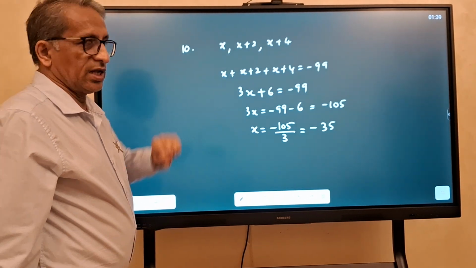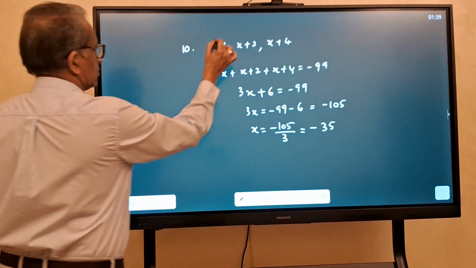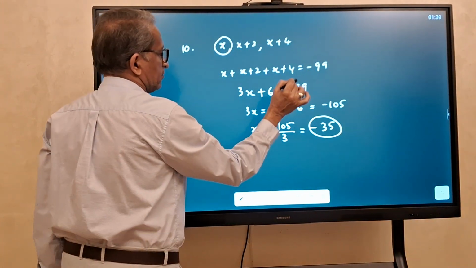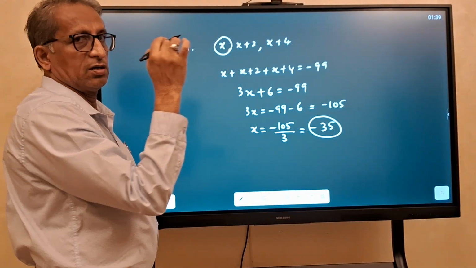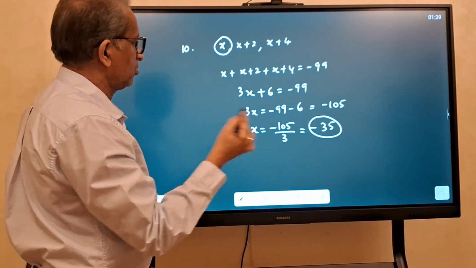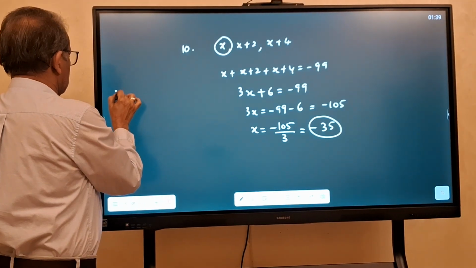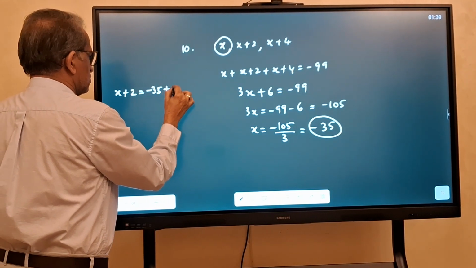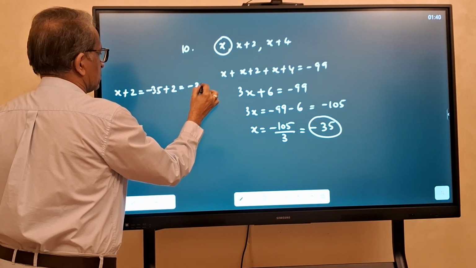So this is the first one. Then what would be the next one? This x we got is minus 35, the first odd integer. What would be the next consecutive odd integer? x plus 2, that is minus 35 plus 2, that is minus 33.